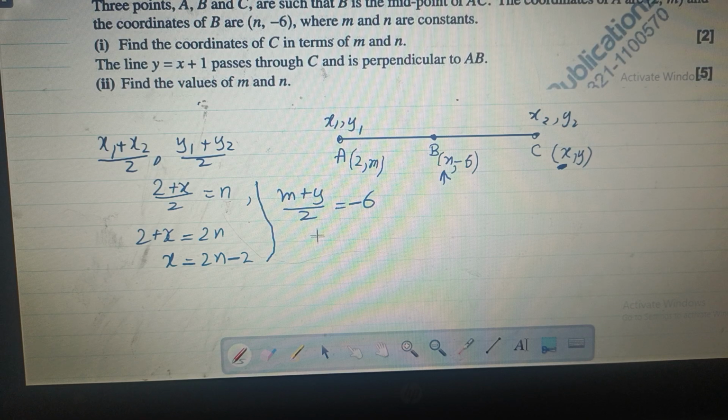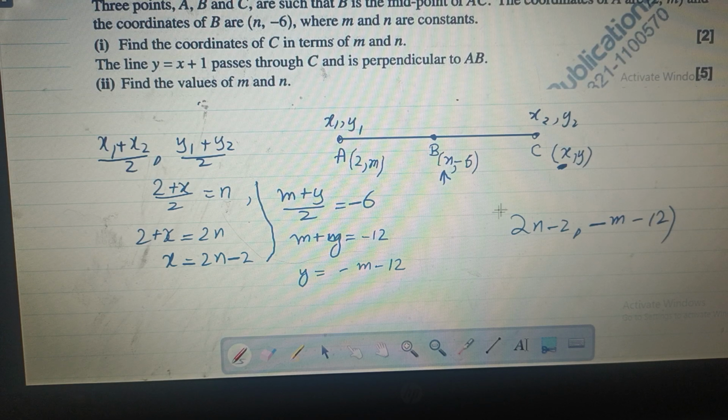So I will have to make y the subject now. m plus y is equal to minus 12, so y is equal to minus m minus 12. So the coordinates of this point C is (2n minus 2, minus m minus 12).